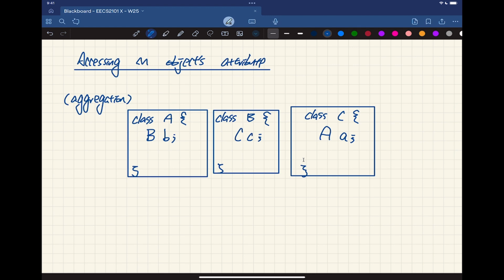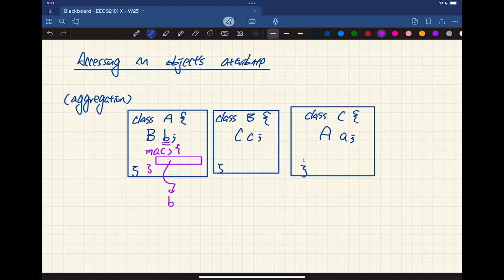And let's say we have one method here in A called MA method. And in this context, we may have some dot notation that's kind of long. For example, we may write just B, which is referring to the B here.